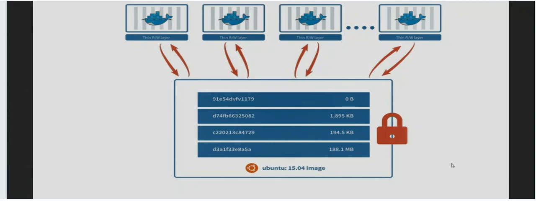The first thing we are going to check is how Docker actually works. The first thing which should come to your mind is, when we were talking about virtual machines, what was essentially the isolation model?